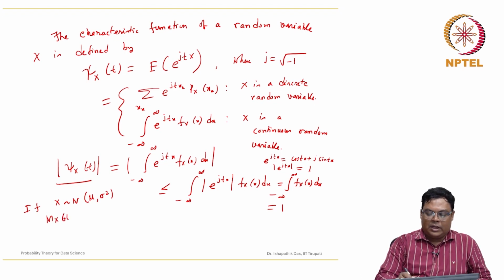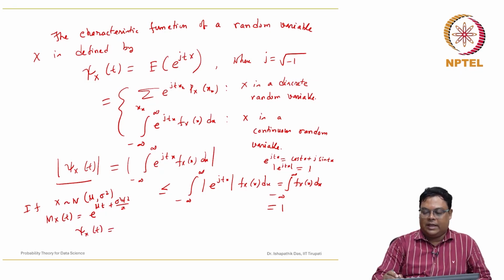Then you know the moment generating function is mu t plus sigma square t square by 2. So psi X(t), replacing t by jt, is e to the power of j mu t plus j square sigma square t square by 2, and since j square is minus 1, it is minus sigma square t square by 2.